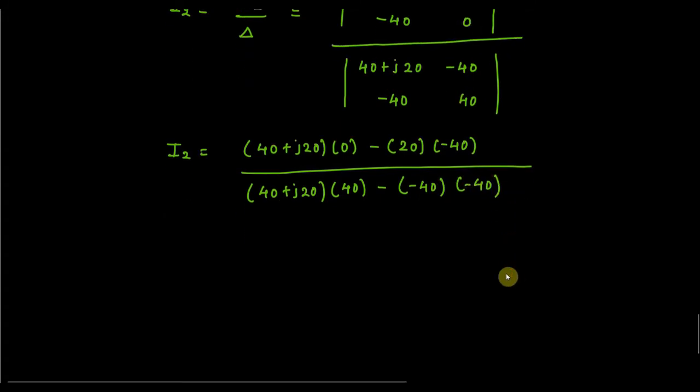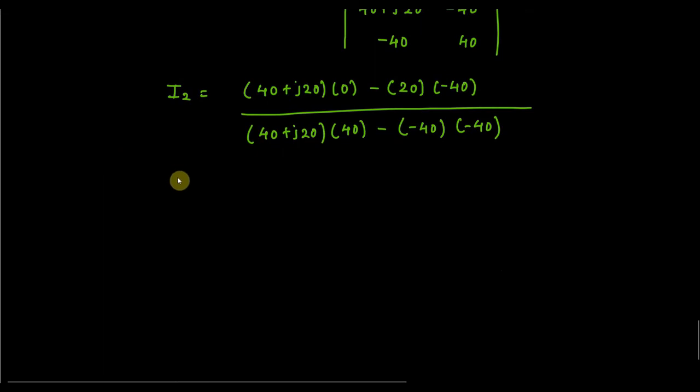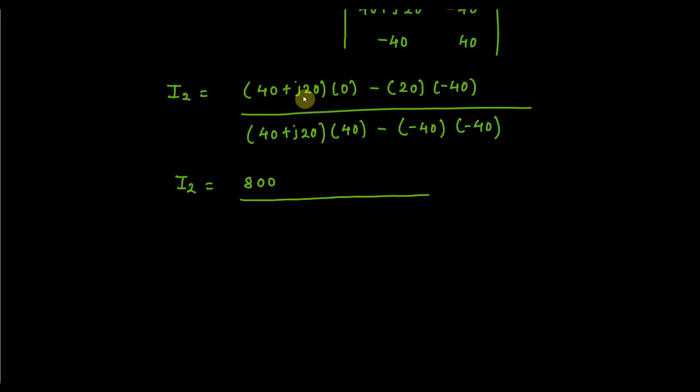Now you can solve this. So I2 comes out to be: this will become 0, and this will be 20 into 40, which is 800, and minus minus becomes plus. So this will be 800.